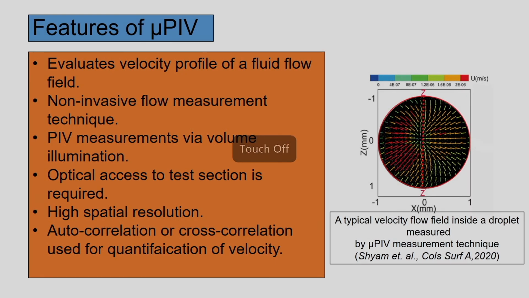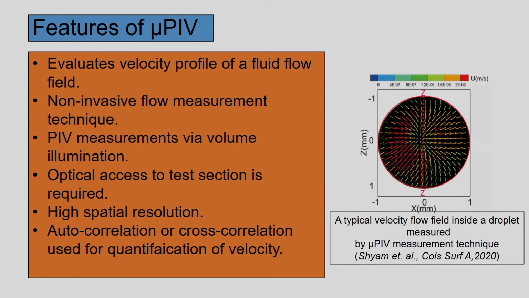Here I would like to discuss a few important features of micro PIV analysis. At the right side I have shown one figure of the flow velocity field inside a droplet that we have measured in our group.